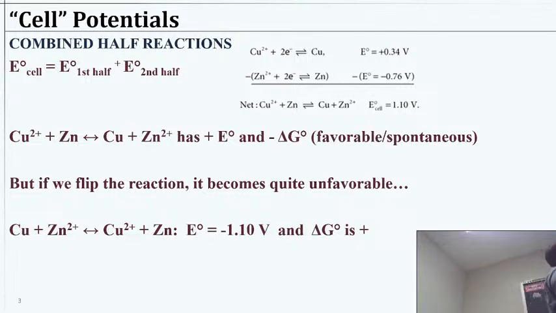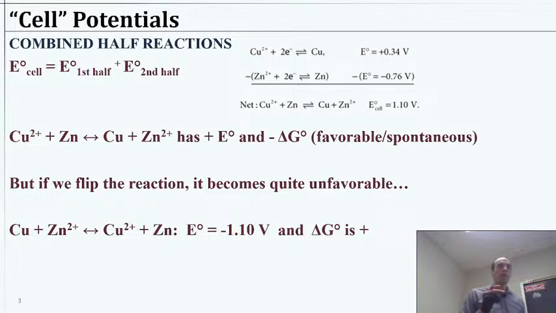Okay, so it's quite simple to say that the standard potential for a cell is equal to the standard potential for the first half plus the second half. Likewise, we can get it in a particular condition, so it doesn't have to be the standard potential. It could be E cell equals E1 plus E2. So let's take a quick look at copper and zinc in combination.